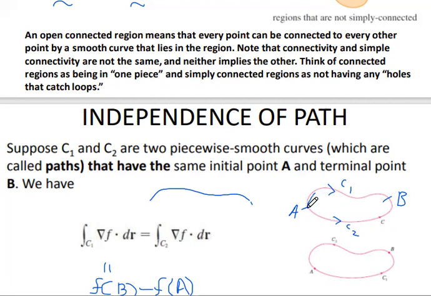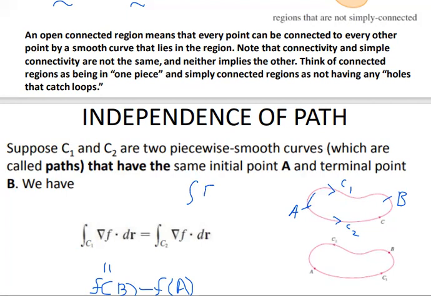So if I move an object from A to B, what is the work done under this force?